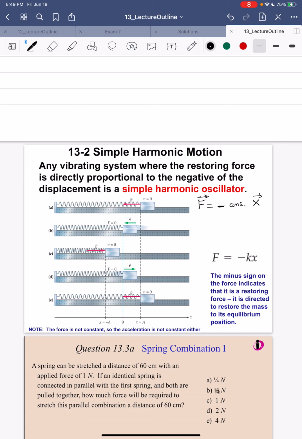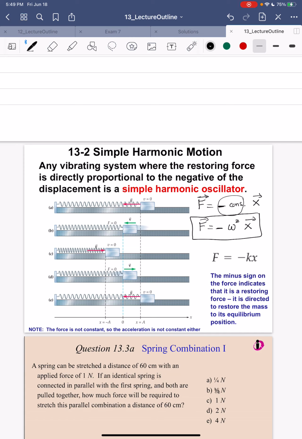That constant, of course, is positive, and usually it's going to be omega, the angular frequency of the system. The minus sign has to do only with the direction. It doesn't mean that the constant is negative. It's telling you that the displacement and the force are in opposite directions. And this is really very important.